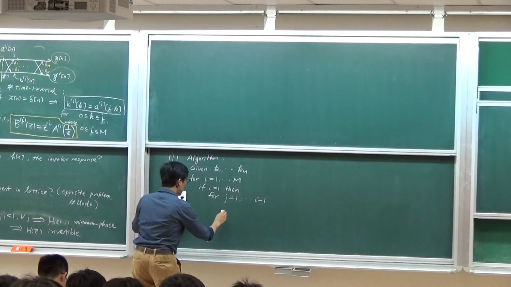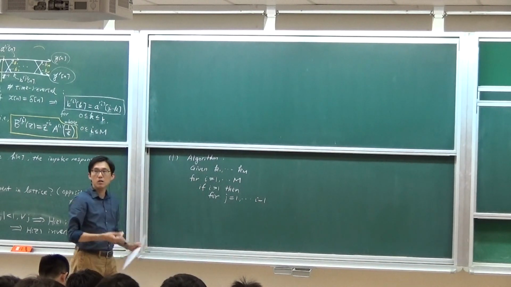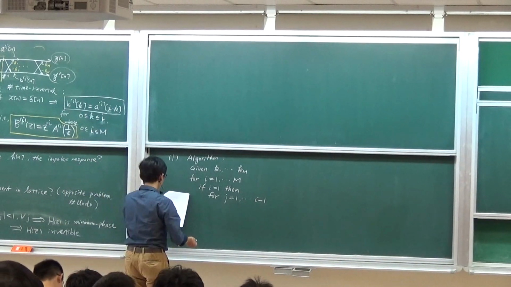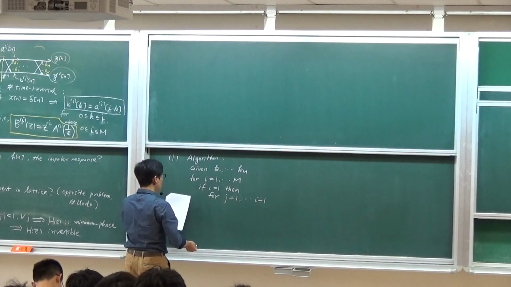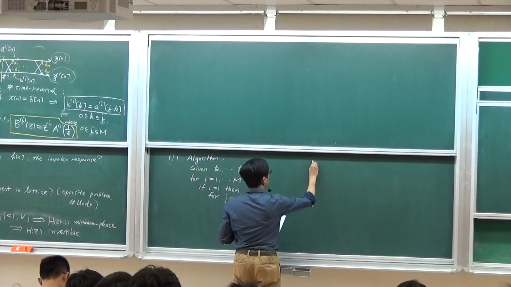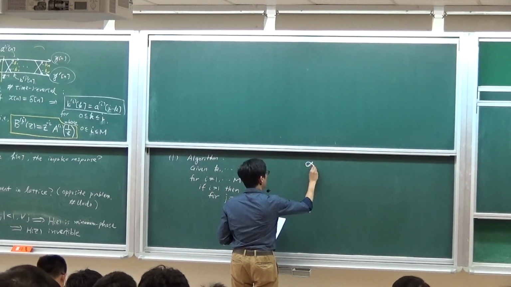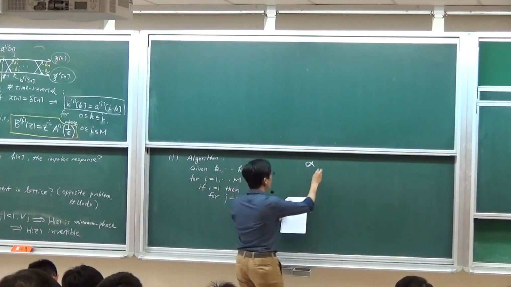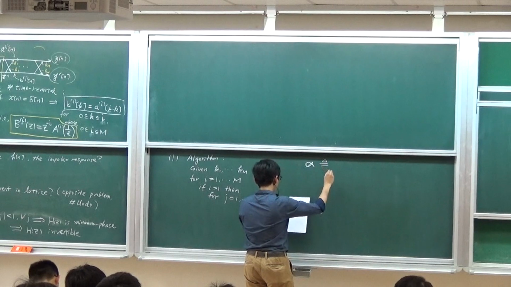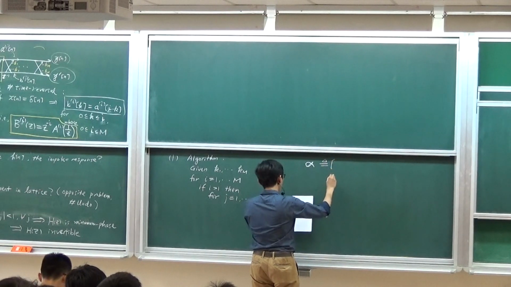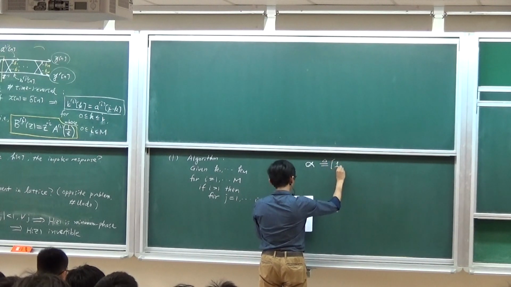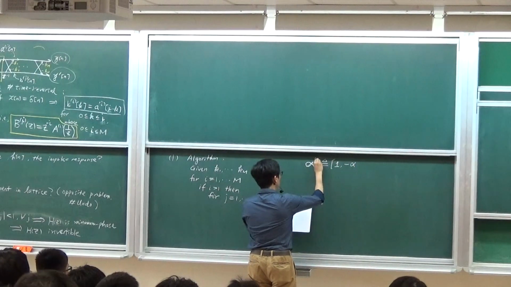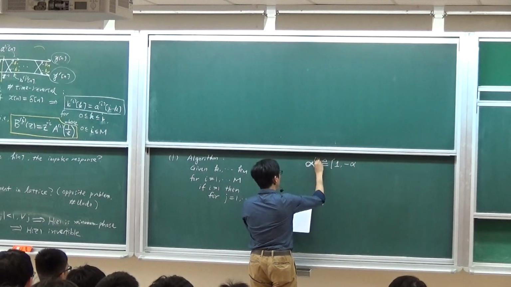We are going to define an alpha array, or a vector, if you will. This will become more convenient. Let's define an alpha array to be 1 minus alpha. Actually, I should put an index i here.